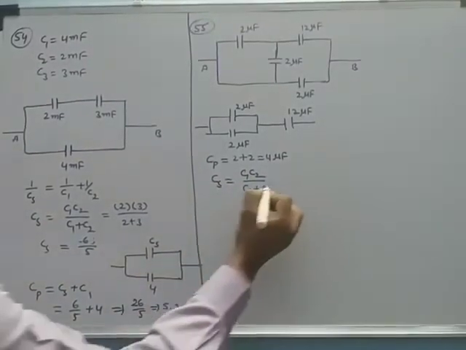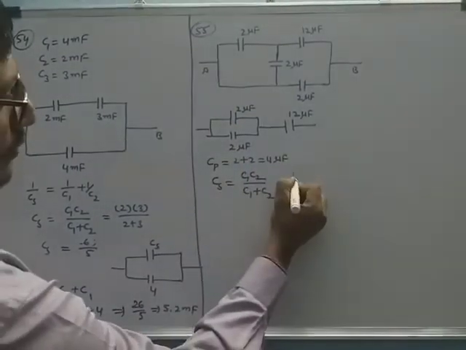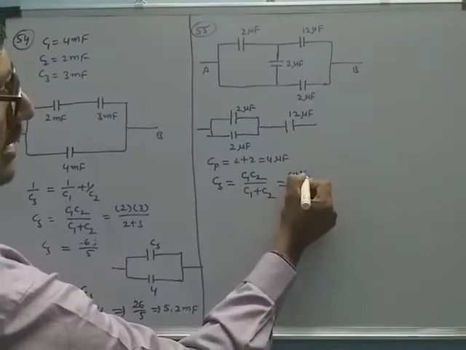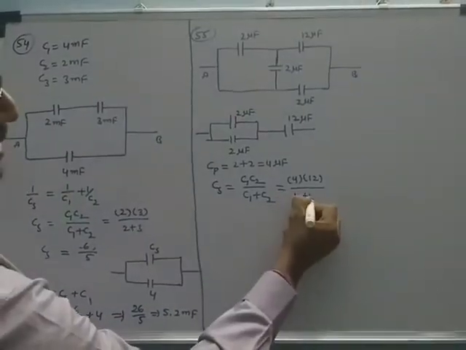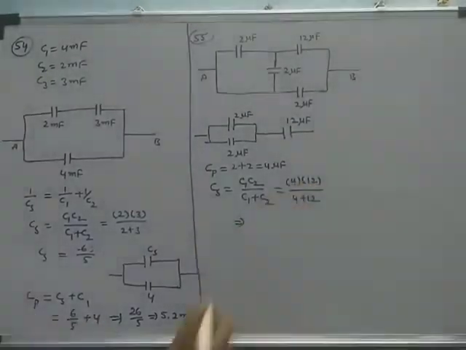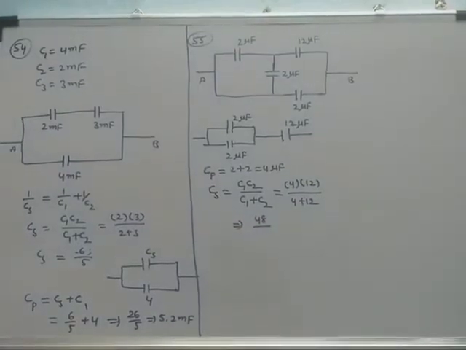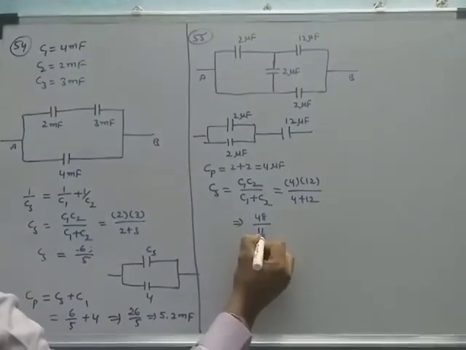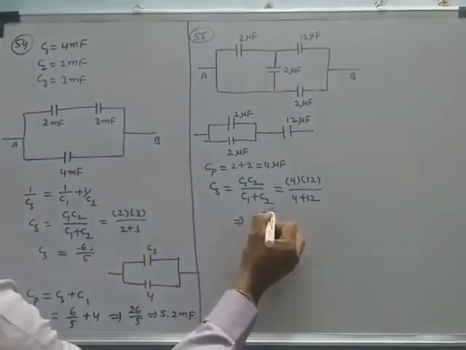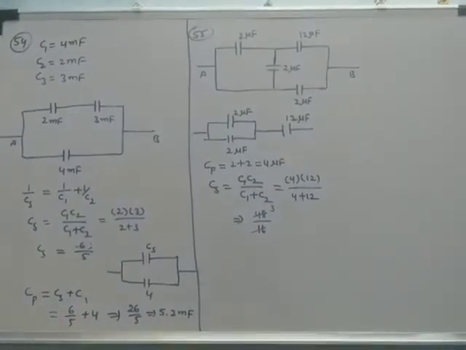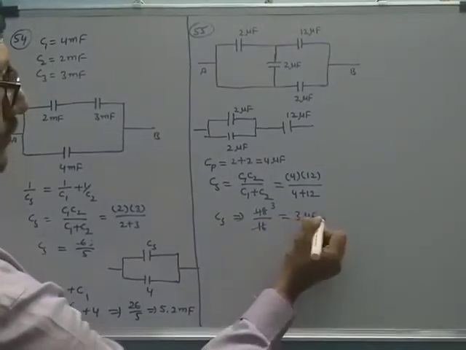C1 is this total combination, 4, into C2, 12, divided by C1 plus C2, 4 plus 12. So 4 into 12 is 48, by 16. The 16 cancels 3 times, so the series combination is 3 microfarad.